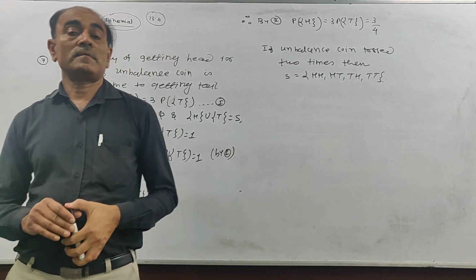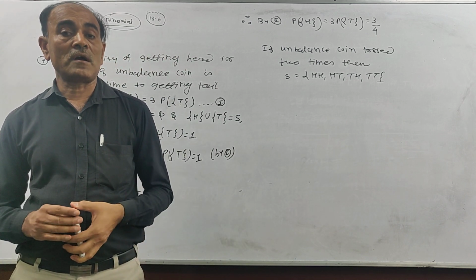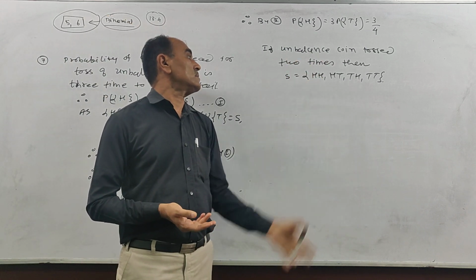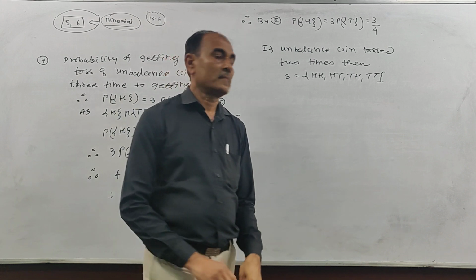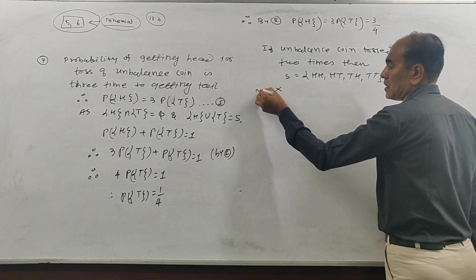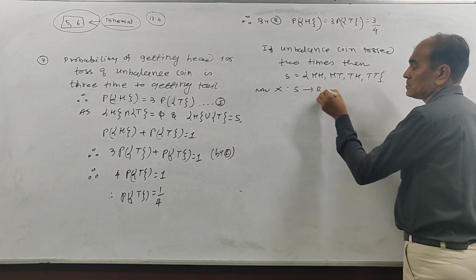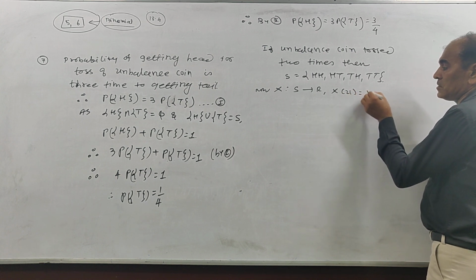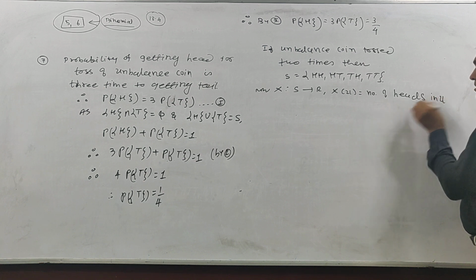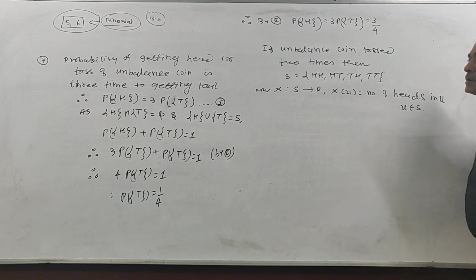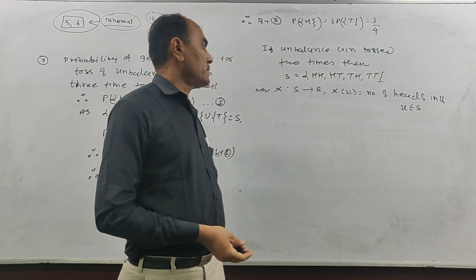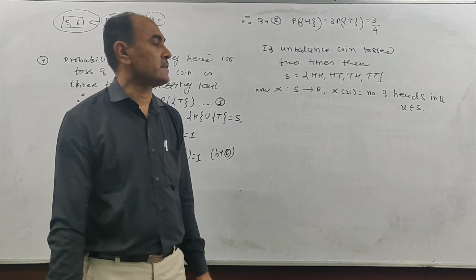Now we want the probability distribution of the number of heads when that unbalanced coin is tossed 2 times. Now we have to define X from S to R, where X of u is equal to the number of heads in u, u belonging to S. Yes, that is given to us in example number 7.